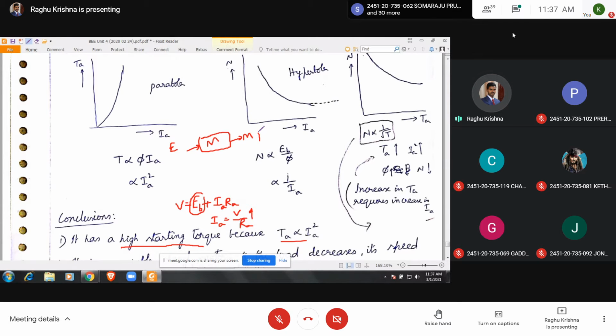So for more mechanical power, we have to increase the electrical power input. More load means more electrical power will be drawn by this motor. As the voltage is constant, current increases. VA is the power. If mechanical power output increases, electrical power input increases. As voltage is constant, current increases. So as load increases, current automatically increases.